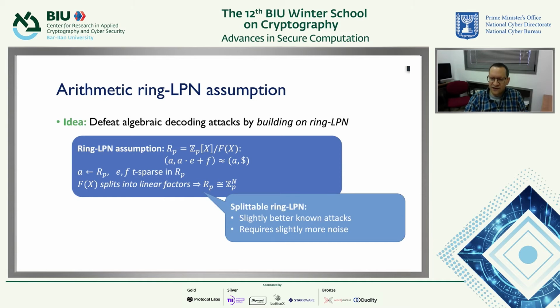We do an analysis of security, this is in a paper from Crypto 20, and find slightly better attacks than in the irreducible case, but we generally believe that by adding slightly more noise, we get the same level of security as in the irreducible case. Better analyzing this flavor of LPN is a good question for further research. It's been almost 2 years and it still stands.